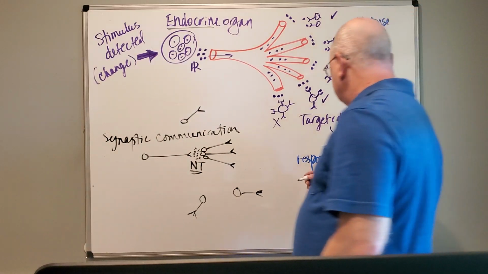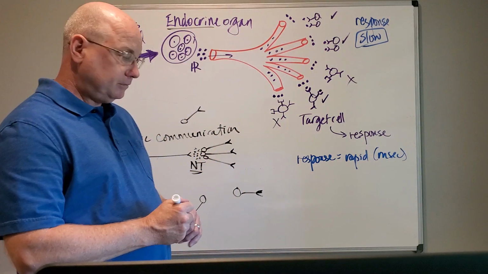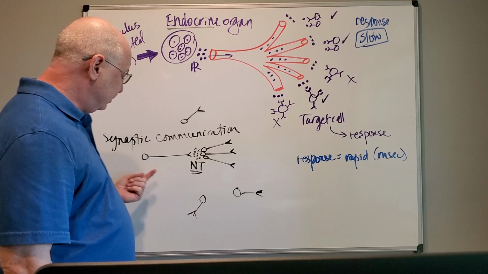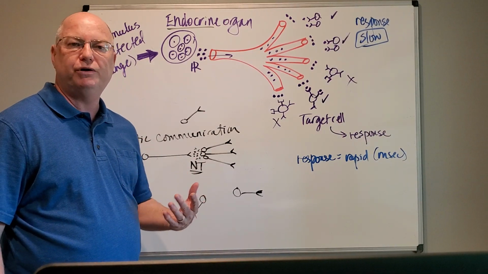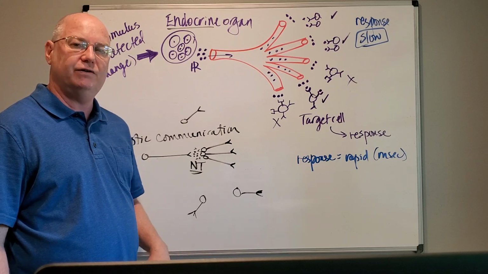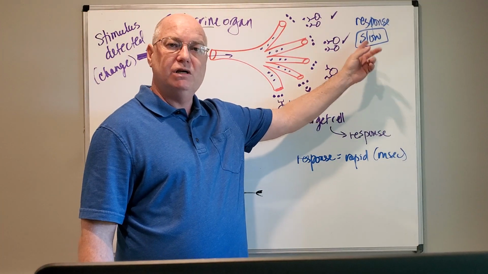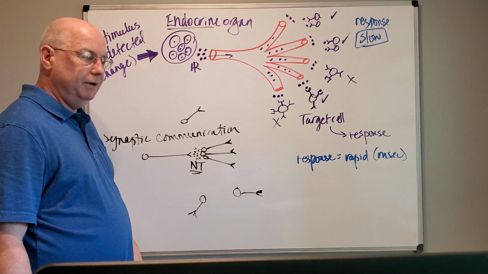And it's within the order of what we call milliseconds. So synaptic transmission can happen when I stimulate this cell, I can get a response here within 1 to 2, sometimes 3 or 4 milliseconds, thousandths of a second, almost instantaneous. Where here it can take several minutes, up to hours, days, and weeks for us to get a response, okay?